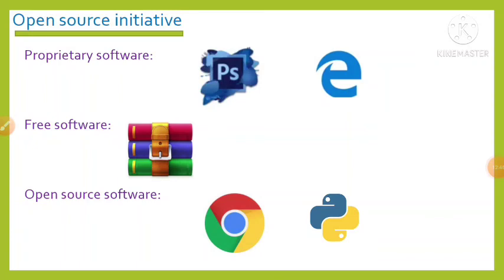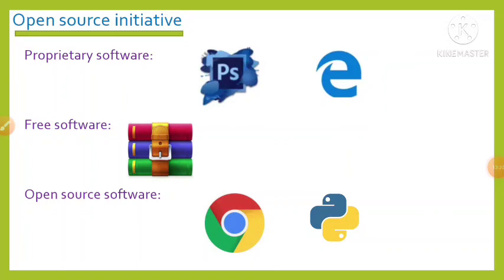In open source software, the users have the right to copy, modify, and share the software. But in proprietary software, the users license the software, but they do not have any right to copy, modify, or share the software. Open source software is completely free. Users are free to switch to other alternative open source products.